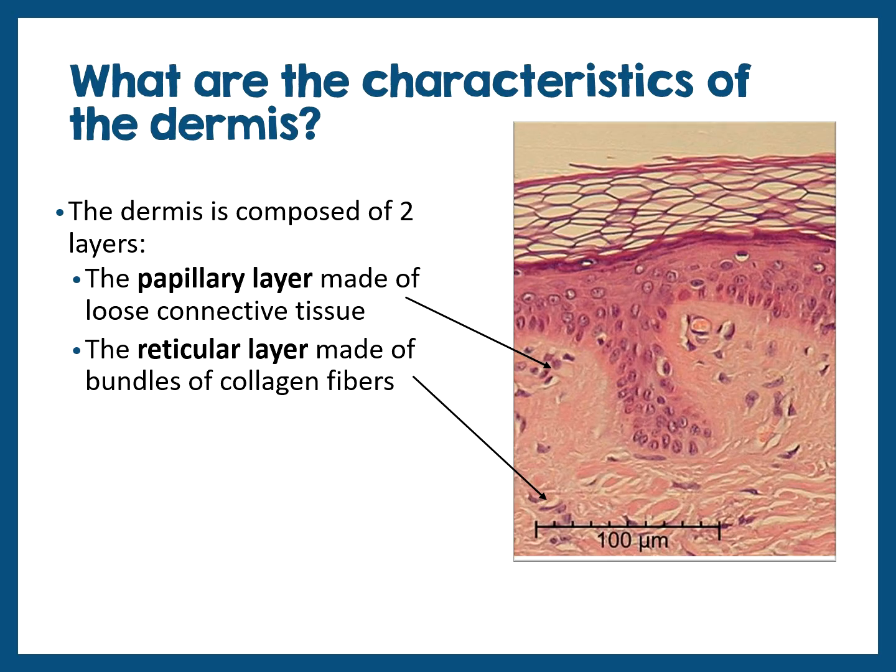This superficial layer of the dermis projects into the stratum basale of the epidermis to form finger-like dermal papillae. Within the papillary layer are fibroblasts. Where you see these dark purple dots, these are actually the fibroblasts.